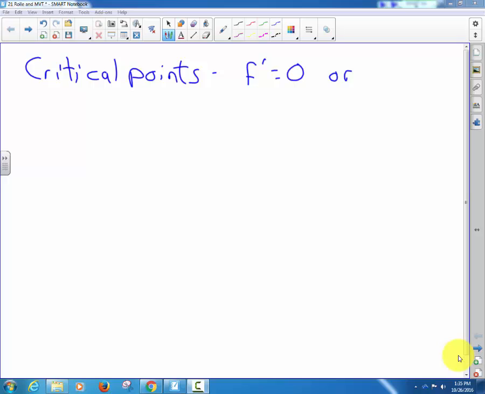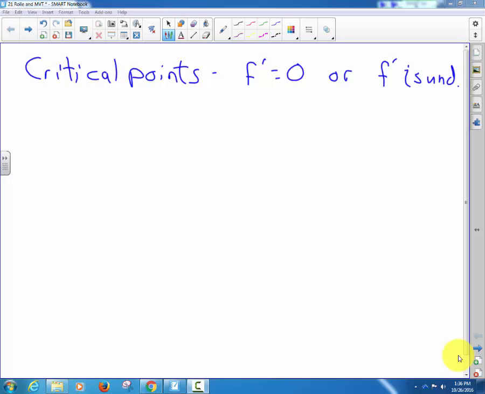It's what everybody always forgets. Derivative is 0, or, thank you, Sally, f prime is undefined. Okay? Now, that's what critical points are. So we find critical points by setting the derivative equal to 0 or figuring out where it's undefined.